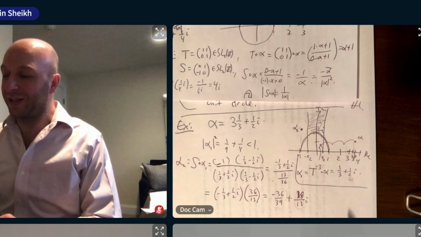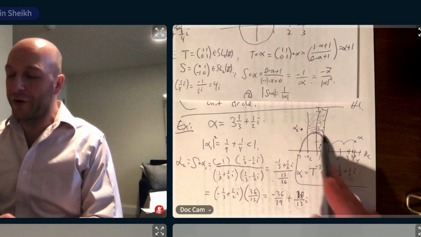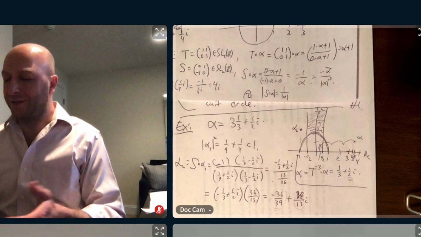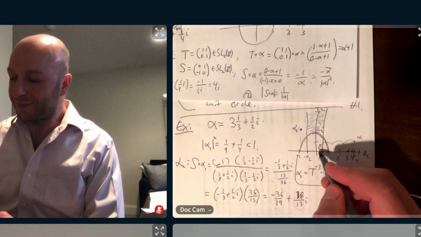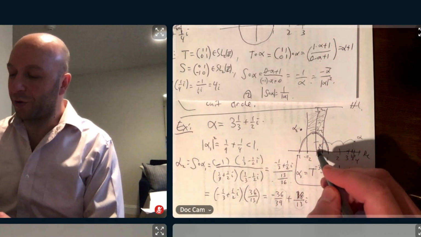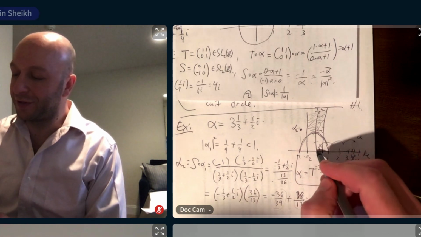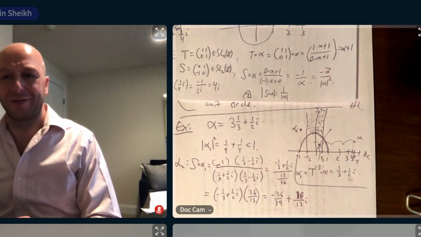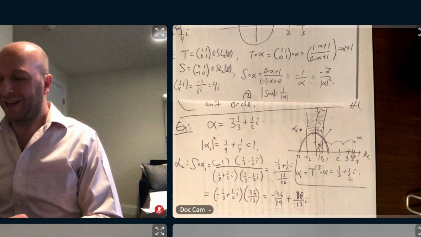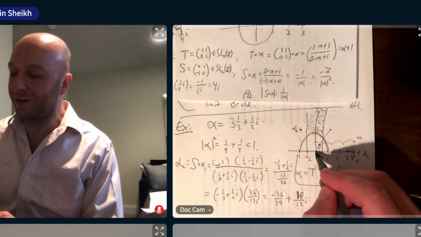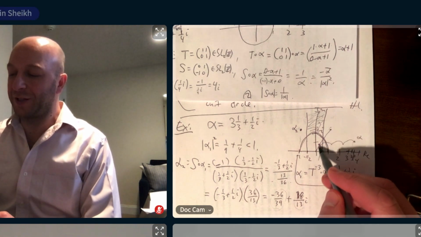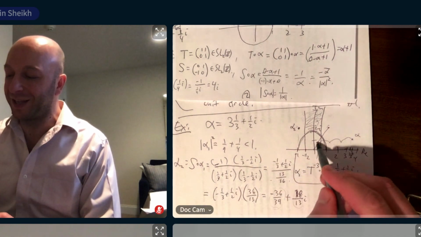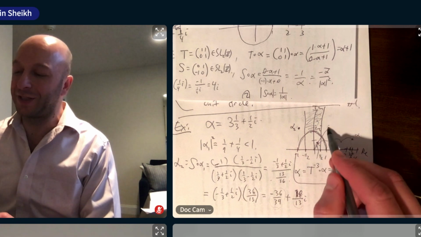So I claim that in the upper half plane, inverting through the unit circle always increases the imaginary part, and that's almost obvious by a picture. Do you guys know about circle inversions? Have we ever talked about circle inversions? An inversion through a circle is you just draw a radial line, and if this distance was 13/36, then this distance is 36/13.